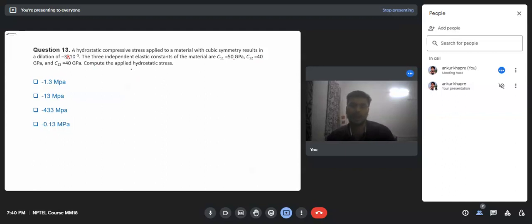Compute the applied hydrostatic stress that we have to compute. Okay, so dilation is what?